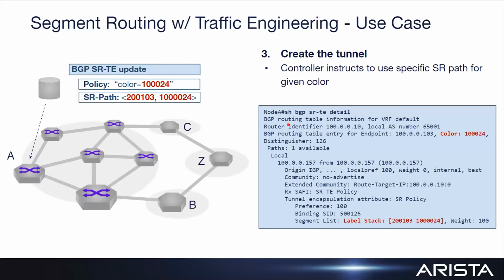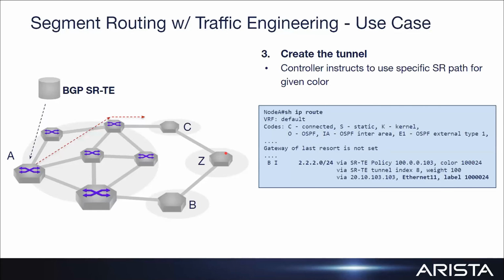For prefixes with the red color policy here and here, we shall use the SR path specified here and here. And well, the last step is basically to implement the SR-TE policy in our routing table, program the FIB, and finish the tunnel.